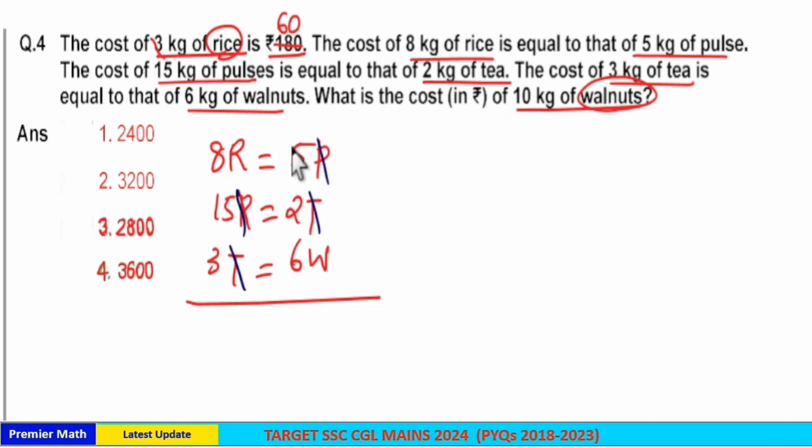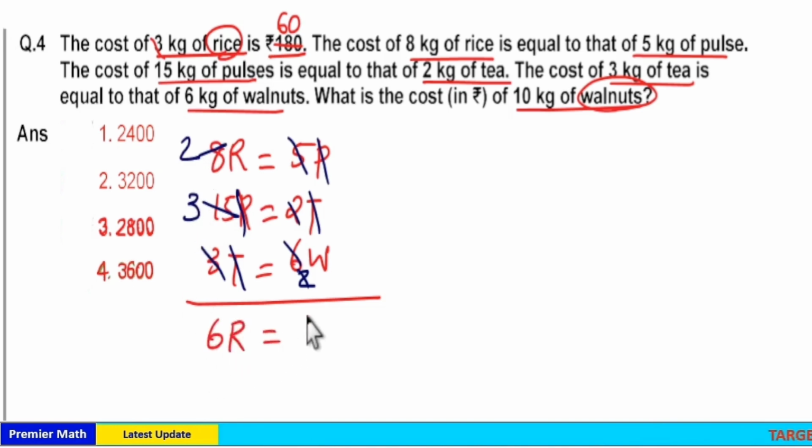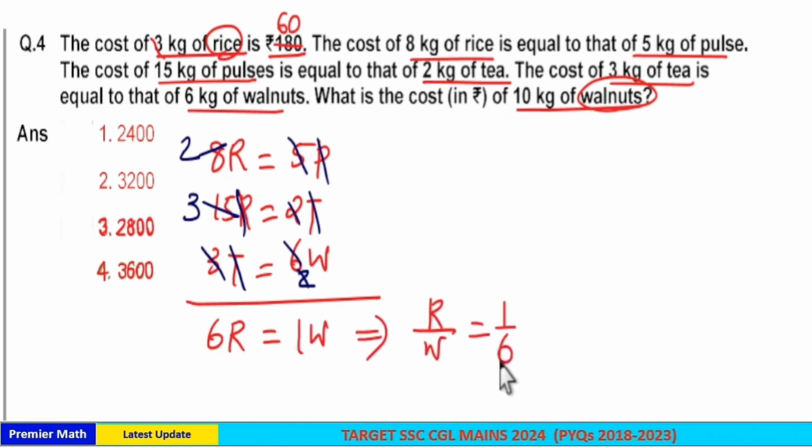That is, here 5 goes 3 times in 15 and 3 goes 2 times in 6. 2 into 2 is 4. 4 goes 2 times in 8. Now remaining ratio is equal to 6 rice is equal to 1 walnut. From this, rice by walnut is equal to 1 by 6.